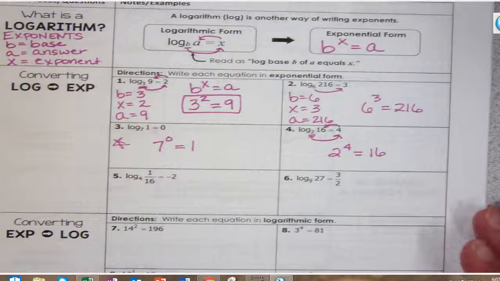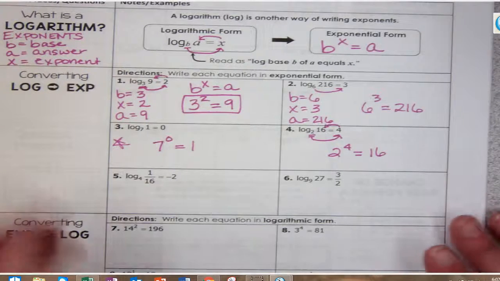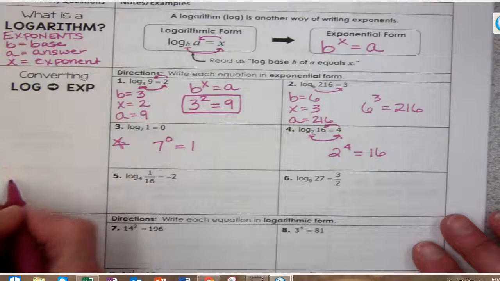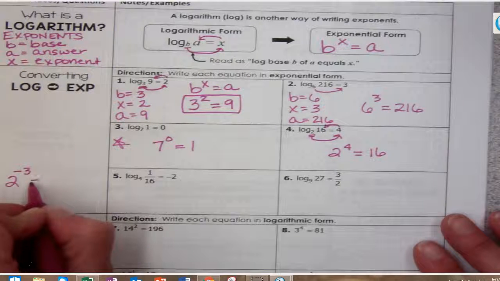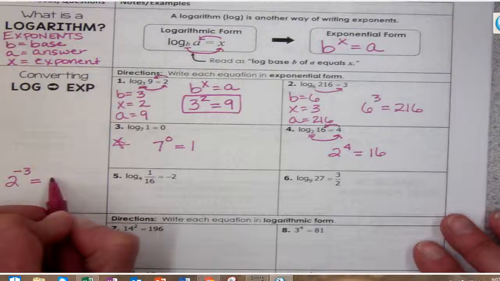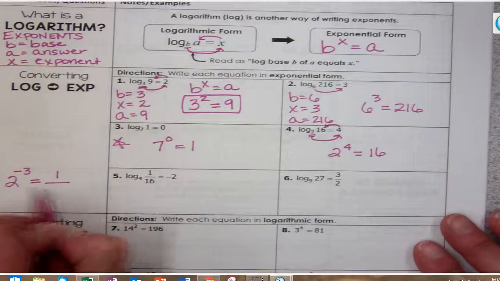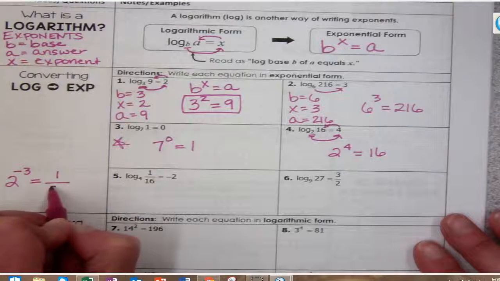What do you do when you have these fractions? We know that fractions in exponentials, that's where you get your negative exponent. So for an example, if I have 2 raised to the negative 3 power, that is actually 1 over 2 to the third power, which is 8.